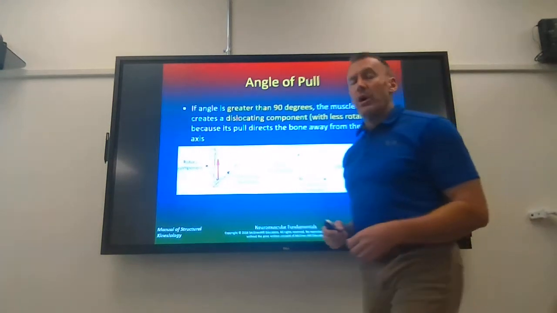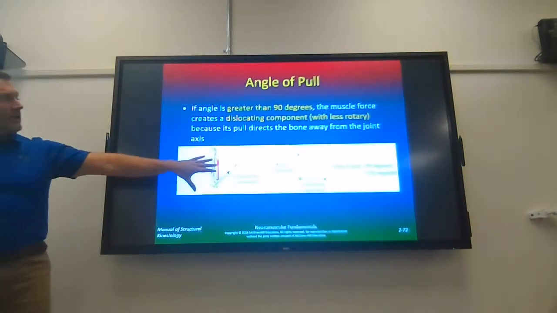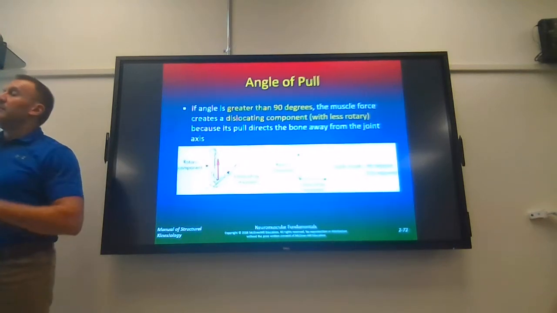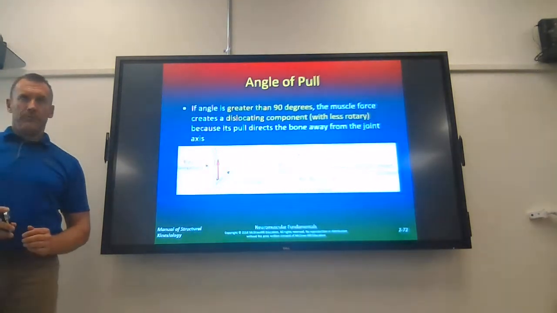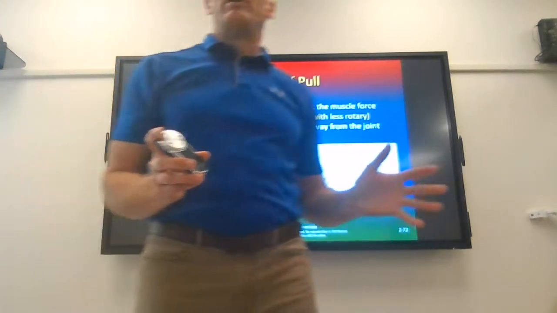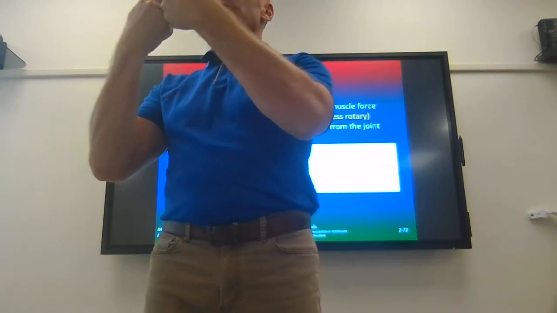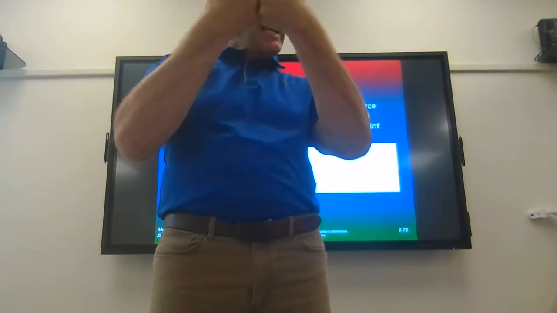Okay, the very last component of the three. This is the dislocating component, and that sounds bad because we don't want things to dislocate, but it's just pulling the joint surfaces apart, or tends to pull them apart.